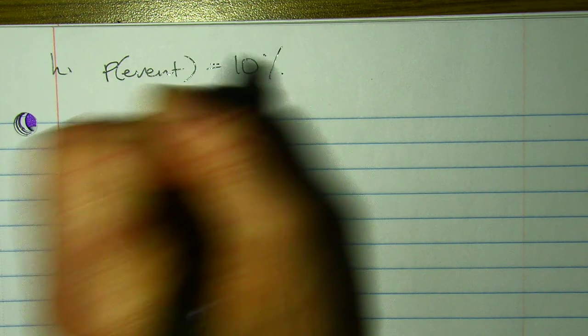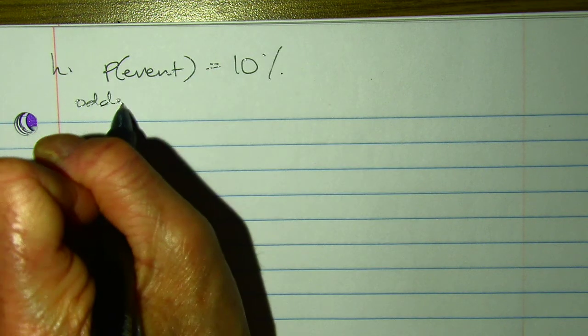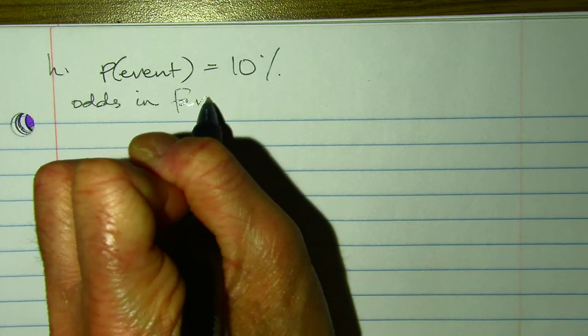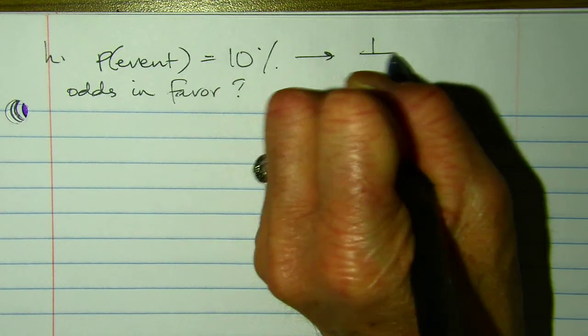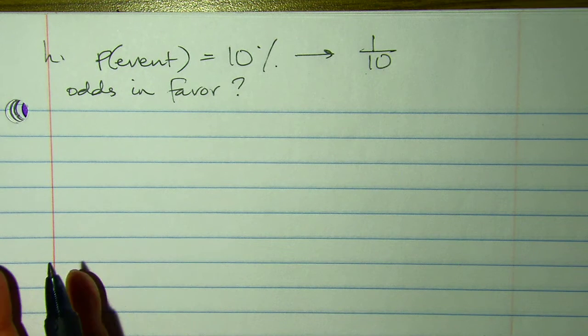I think we only have a few more. So H. The probability of an event equals 10%. What are the odds in favor? Okay, so 10% would be 1 out of 10, or this can be written as 10 out of 100.